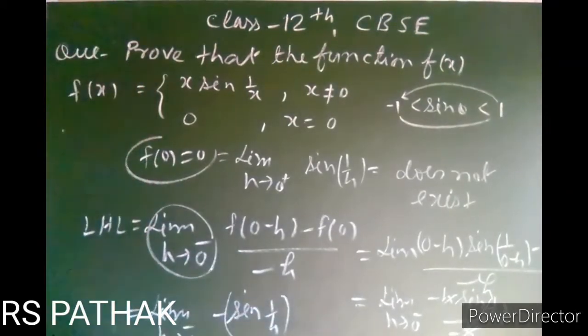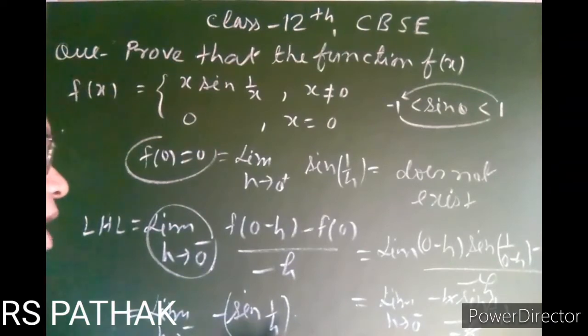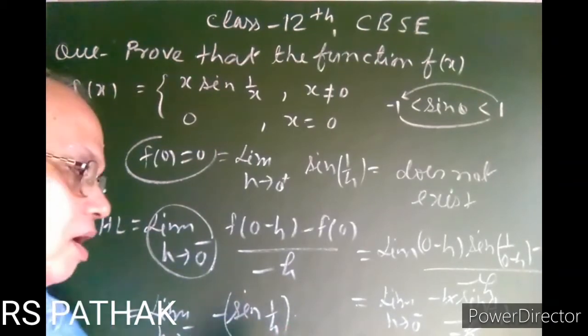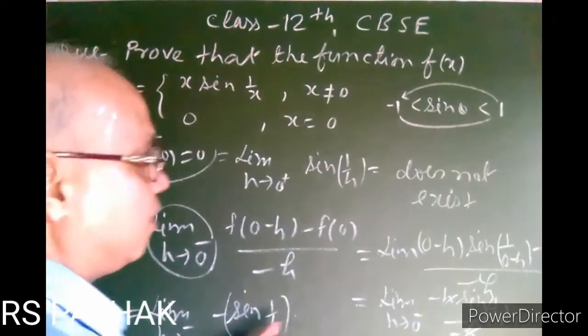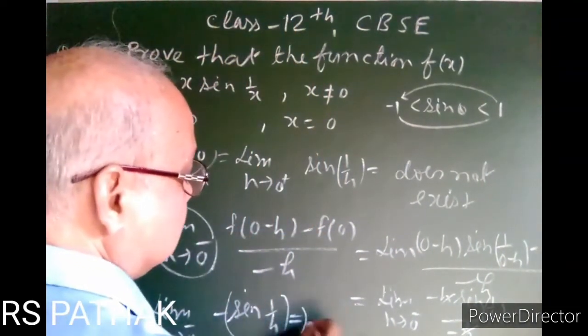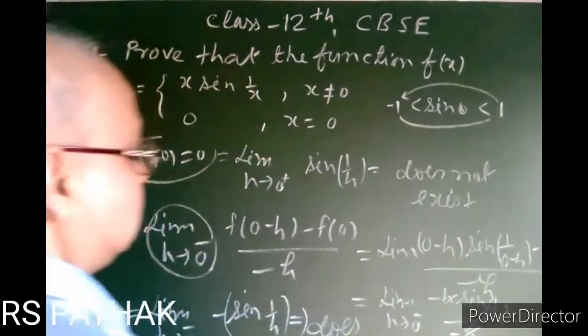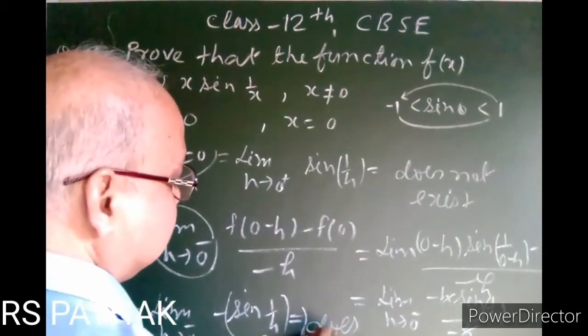Again its value is not fixed. Its value lies between -1 and +1. Therefore, this does not exist.